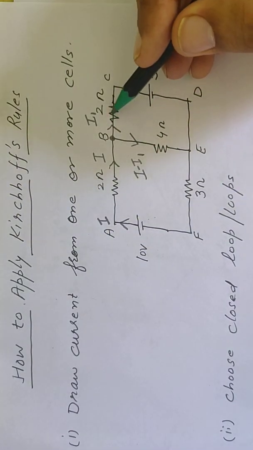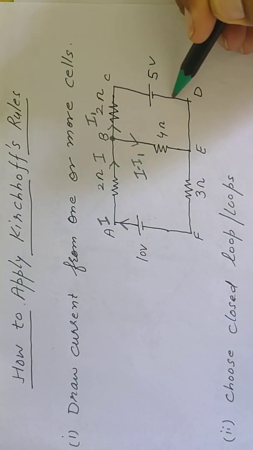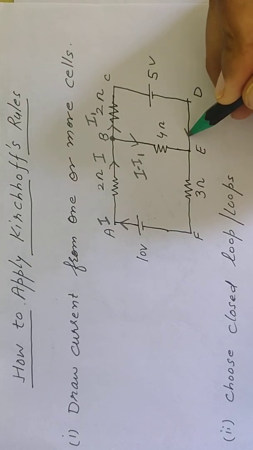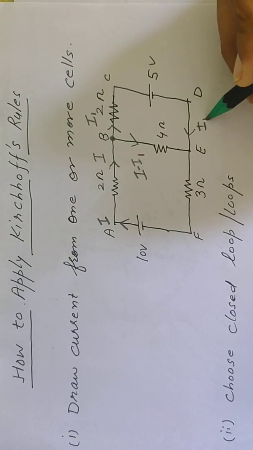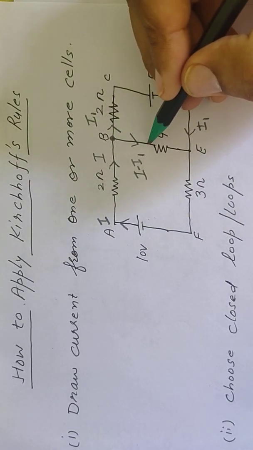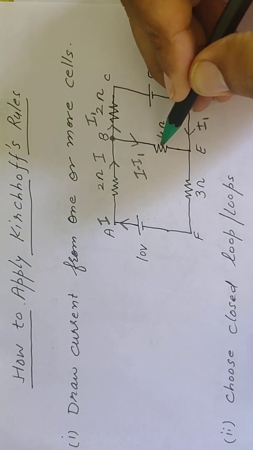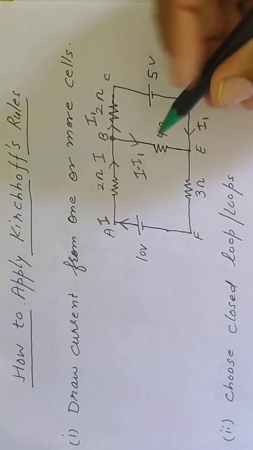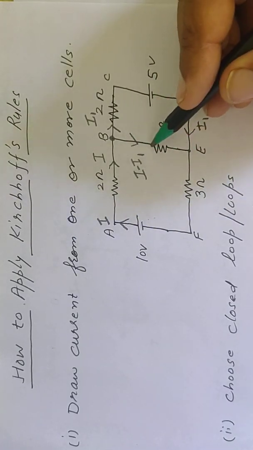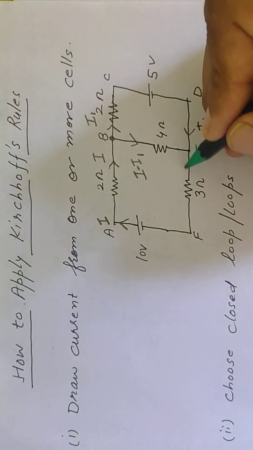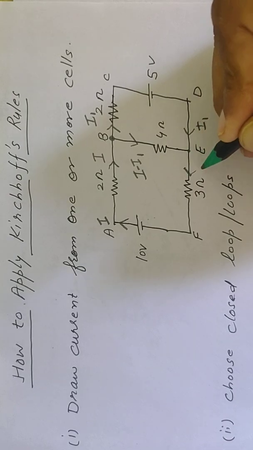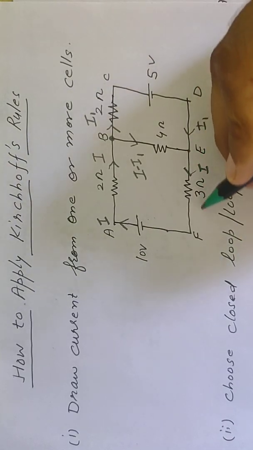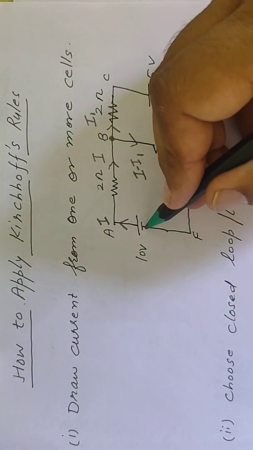Now this I1 goes through this side, and here the current flowing is I1, and here the current flowing is I minus I1 through the 4 ohm resistance. Here again there is a junction, so when these currents combine, we get the current I. So I amount of current will go inside it.